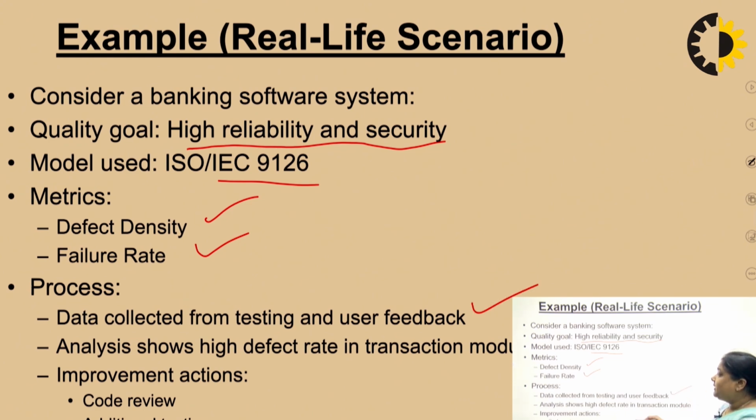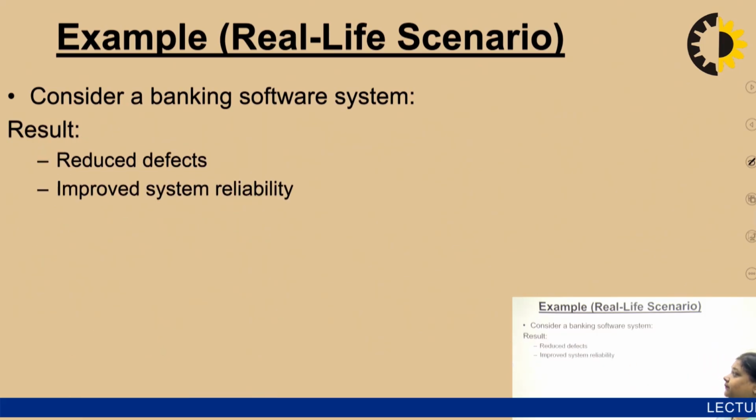Analysis shows a high defect rate in the transaction module, and the improvement actions are code review and additional testing. So these are the steps of using a model inside a banking software system. So what is the result? Reduced defects and improved system reliability. When we use a modeling process like ISO, it results in reduced defects and improved system reliability.